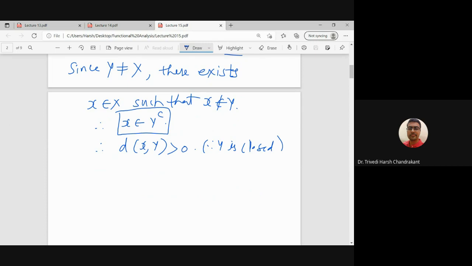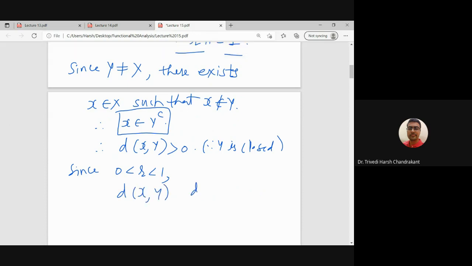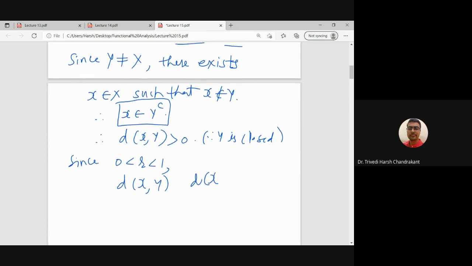So now we will use the definition of infimum, right? So since 0 less than r less than 1, consider distance of x with Y and distance of x with Y divided by r. Which one is bigger?